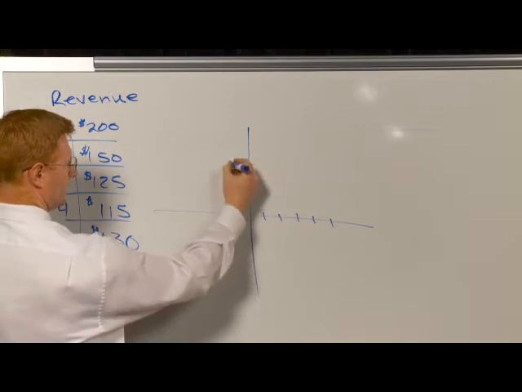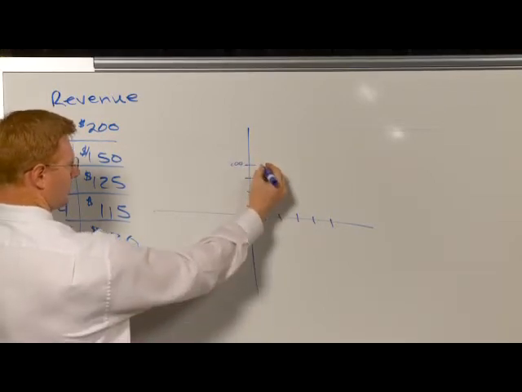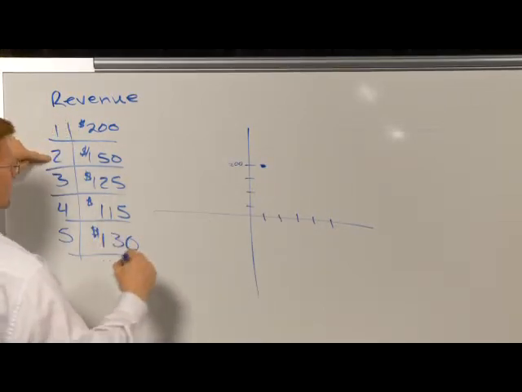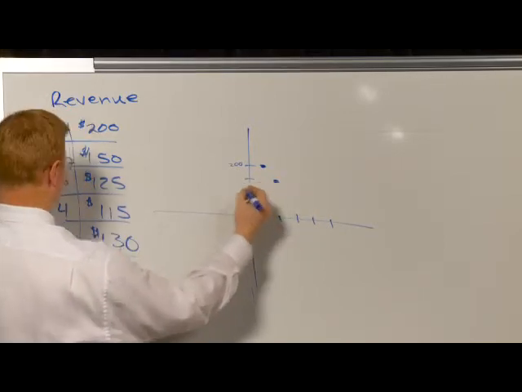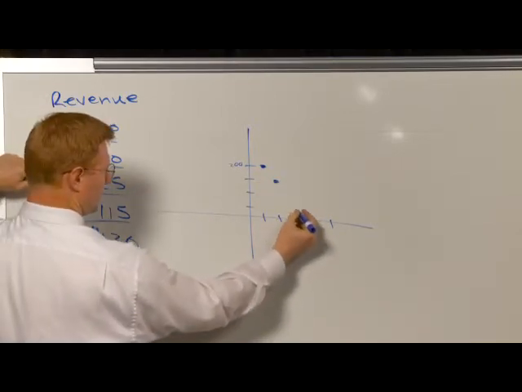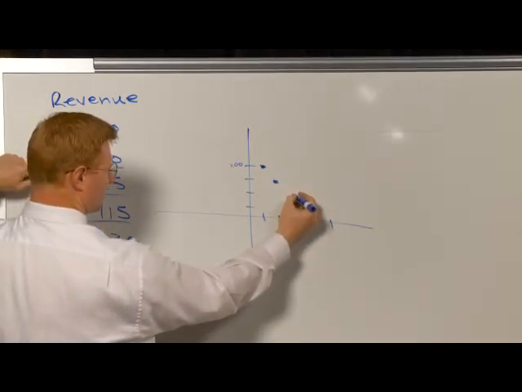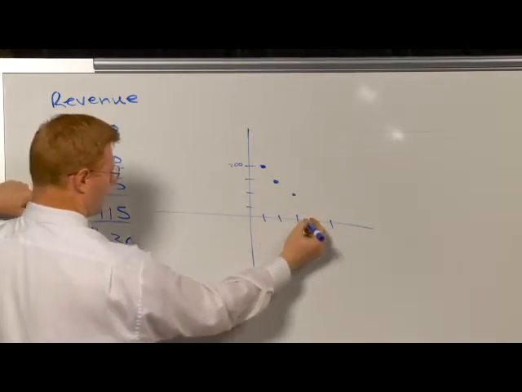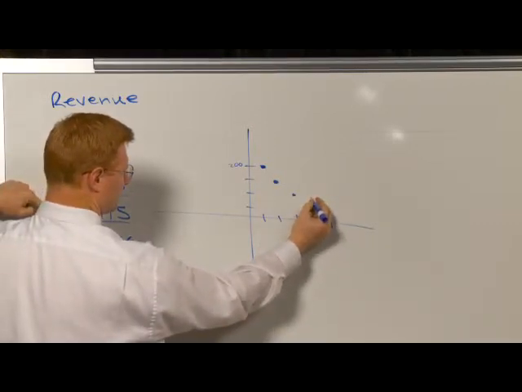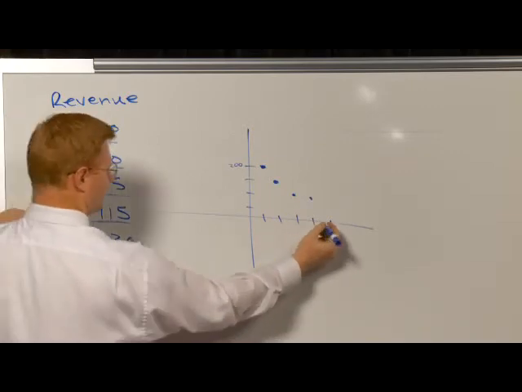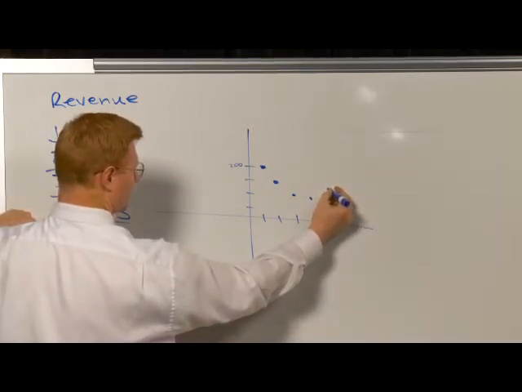So month 1, put that up there, 200, 2, 150, 3, 125, so it's going to be about right there. 4, even less, just 115, and 5, 130.